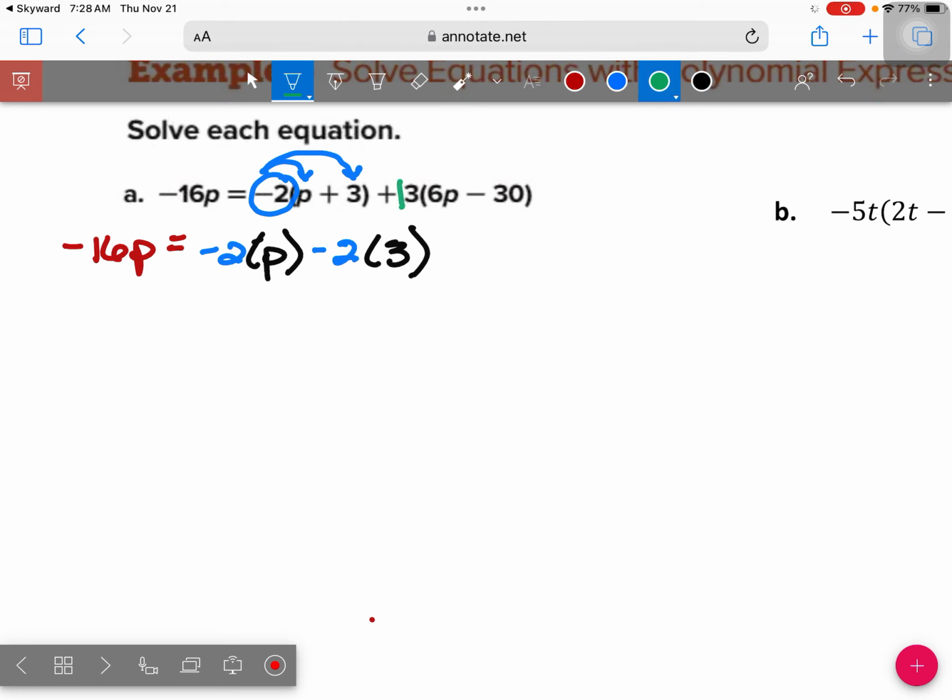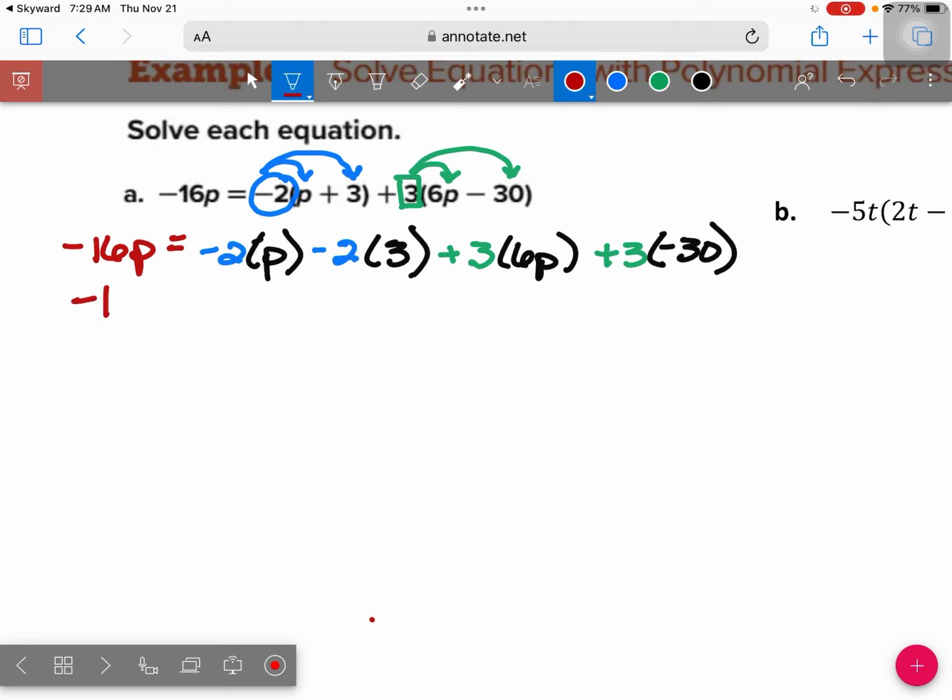Then my next one, I see I have a positive 3, and that's going to get distributed with each item inside the next set of parentheses. So that is 3 times 6p and positive 3 here times negative 30.